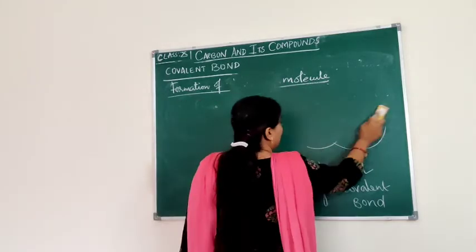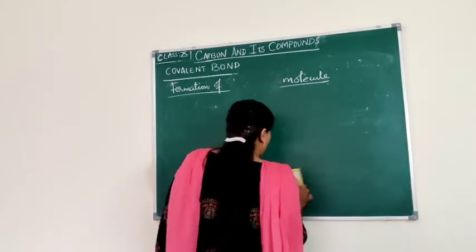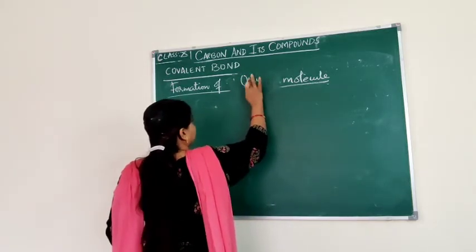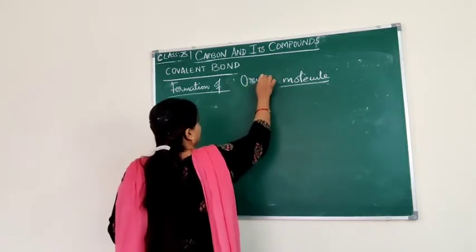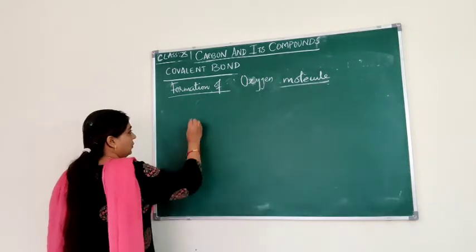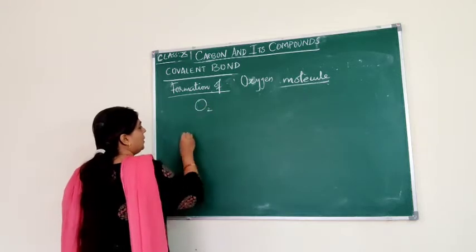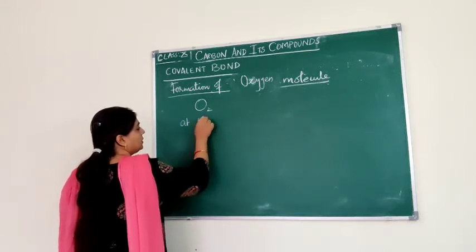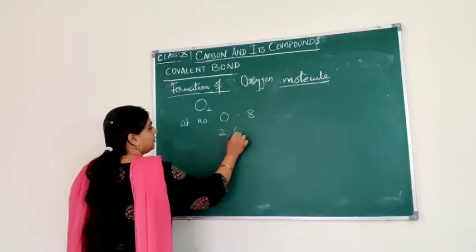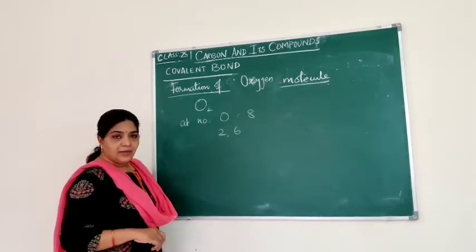Okay, let us do oxygen, that is O2, the oxygen molecule. You know the atomic number of oxygen? It is 8, electronic configuration 2, 6. How many electrons does it need?